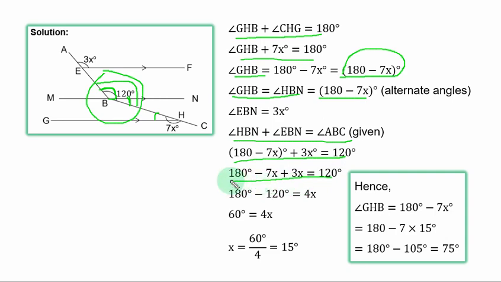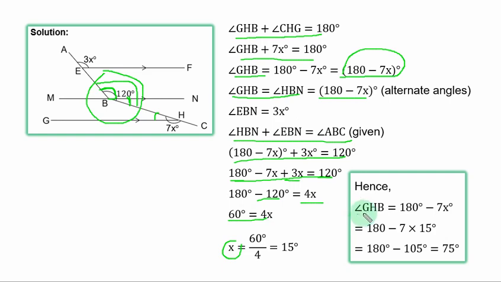Now this is 180. If you move this one in, it becomes minus 7s plus 3s is minus 4s. If you take it to the right hand side, it becomes 4s. So you have 60 degrees equal to 4s. Divide through by 4, s is equal to 15 degrees.